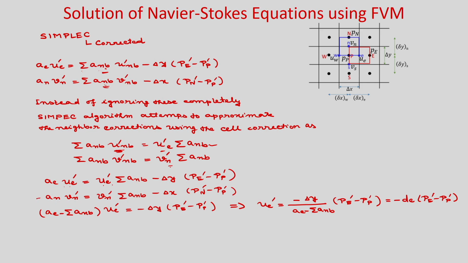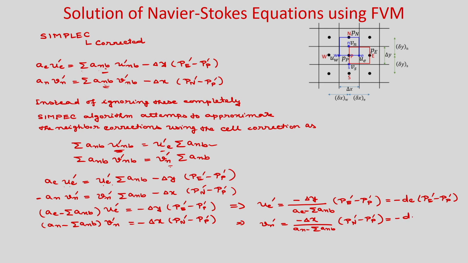Similarly, for this equation you can write (a_n minus the summation of a_nb) v_n' is equal to minus delta x (p_n' minus p_p'). So, that will give you v_n' is equal to minus delta x divided by (a_n minus the summation of a_nb) times (p_n' minus p_p'), and this we will denote as minus d_n into (p_n' minus p_p').